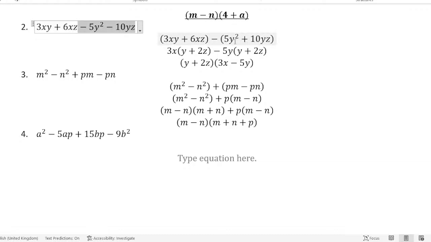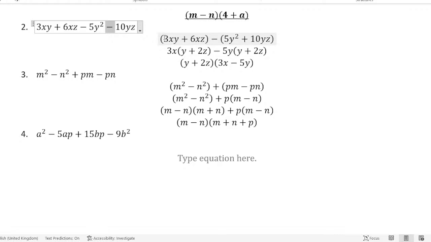Remember, the 5 was a negative, so we open brackets and put a negative here. Then the 10 was a negative, so we put a plus here, so that a negative multiplied by a positive will give this negative 10. So I hope we are not confused.